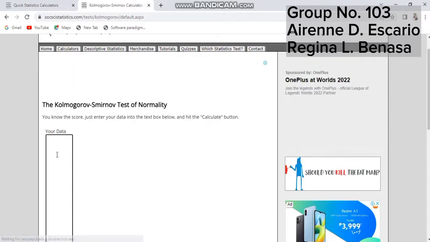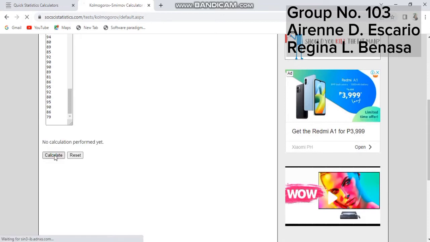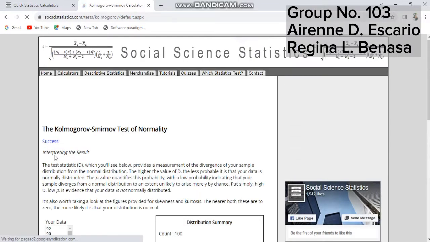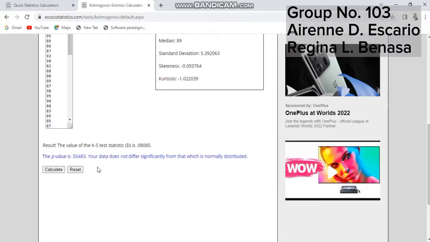Let us copy and paste our data in the text box and then calculate. Our significance level should always be set to 0.05, so our computed probability value is 0.50483, which is greater than our significance level.